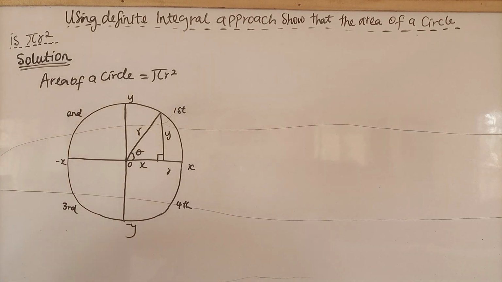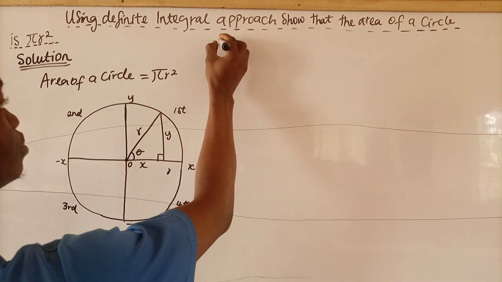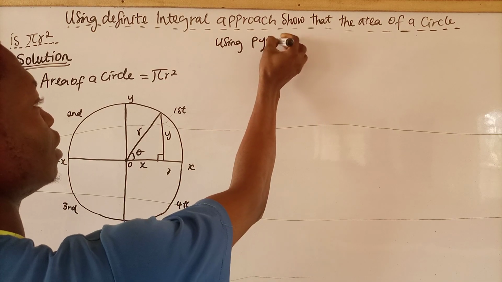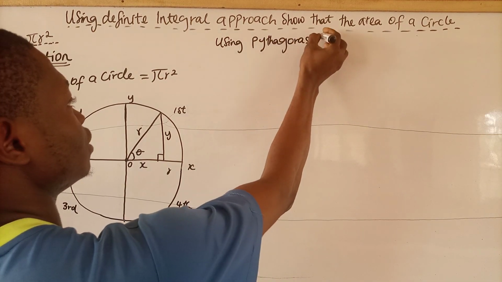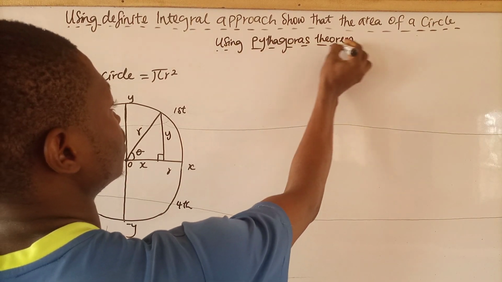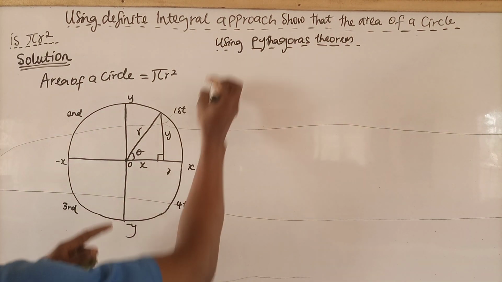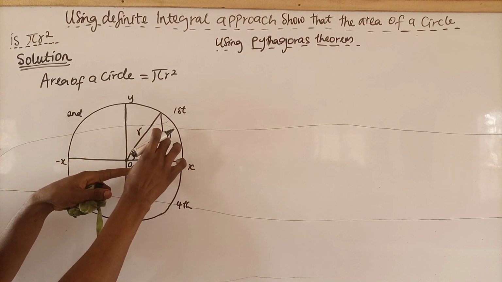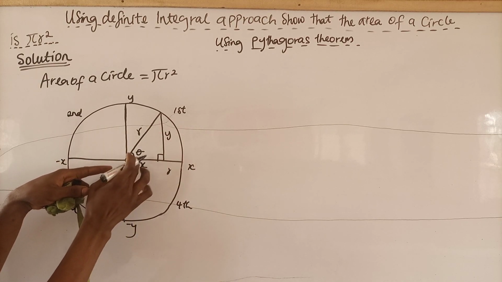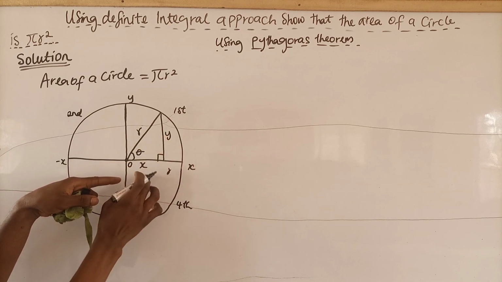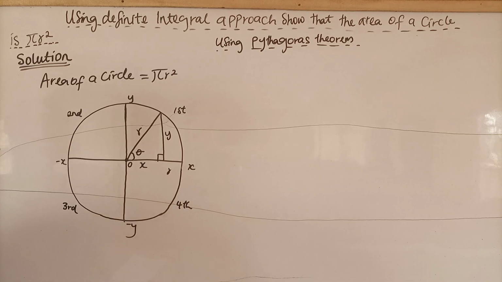So I'm going to use Pythagoras theorem. Pythagoras is telling us that the hypotenuse squared is equal to the sum of the squares of the two other sides, the adjacent and the opposite.